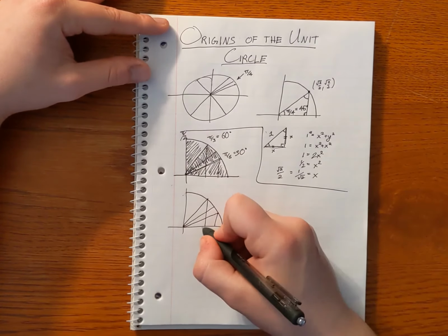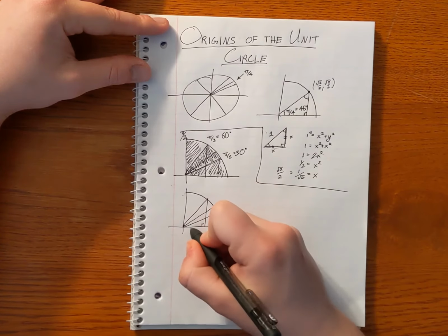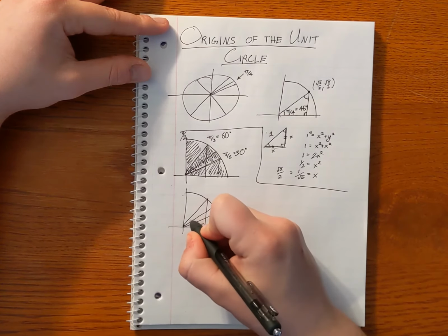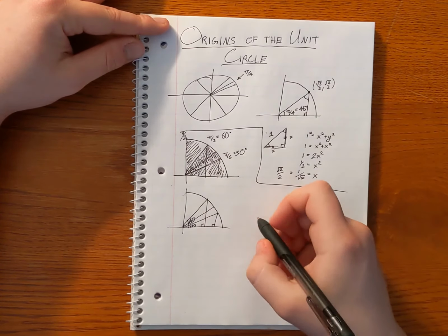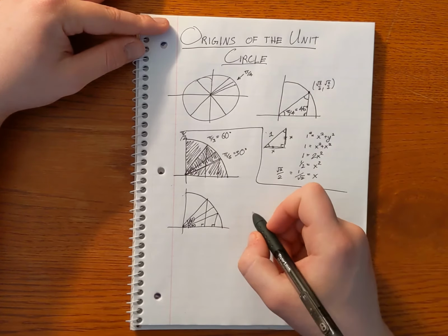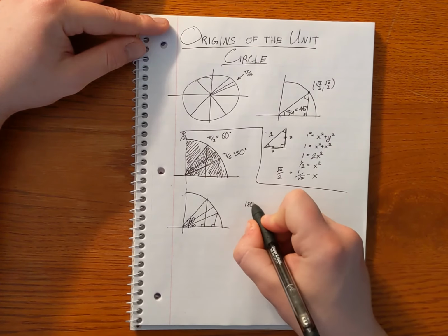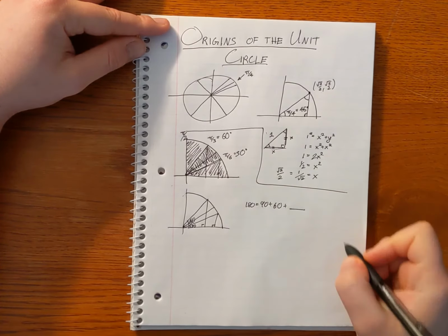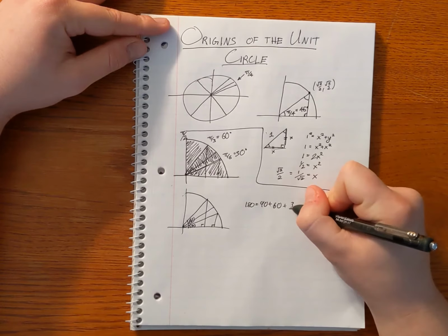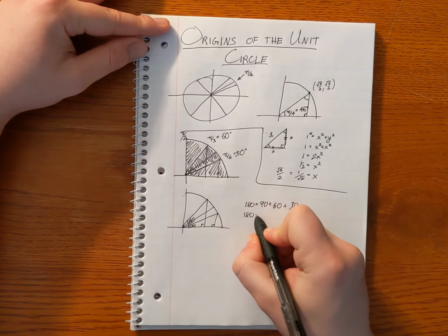The reason is both have a 90-degree angle. This is 30 degrees, this is 60 degrees. So if the sum of all the angles has to be 180, the only thing I can put here to make this true is 30, and vice versa.